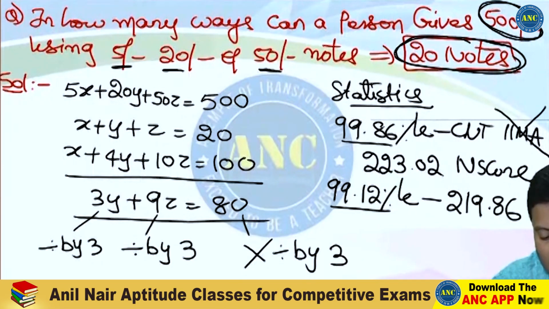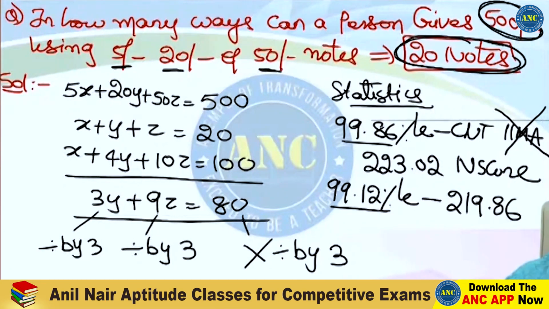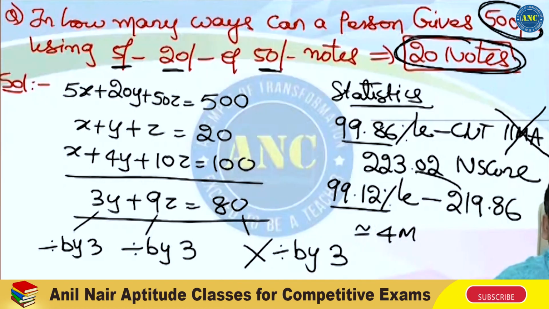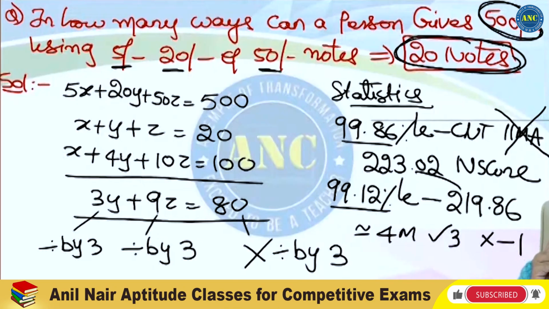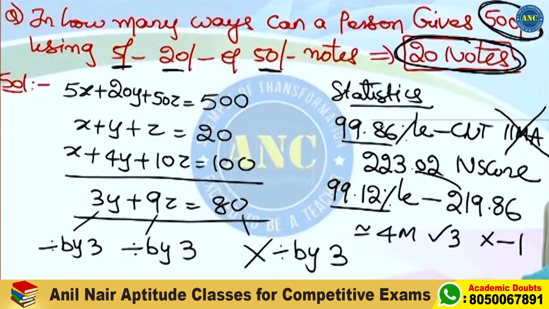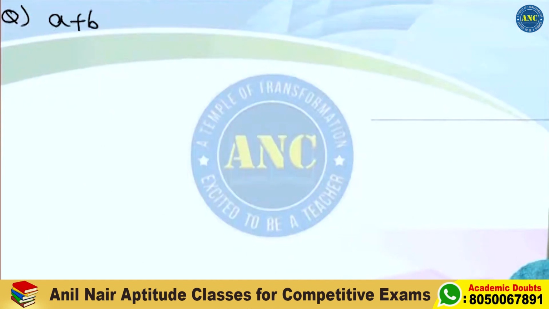He lost a call from IIM Ahmedabad. He got into IIM Bangalore. What is the difference? 4 marks is the difference if I put it into the nearest integer. Right is 3, wrong is minus 1. You lose 1 for an incorrect answer in your CAT paper. IIM Ahmedabad is out.